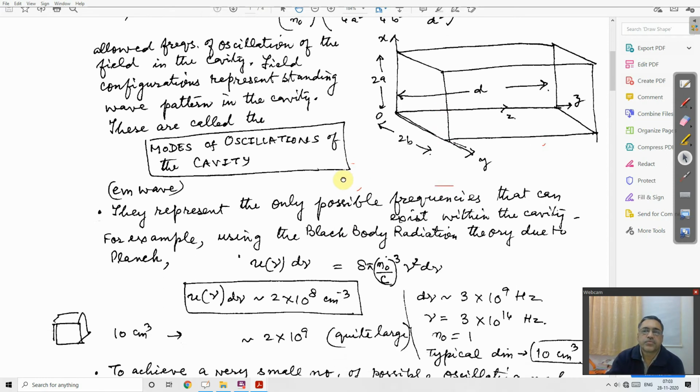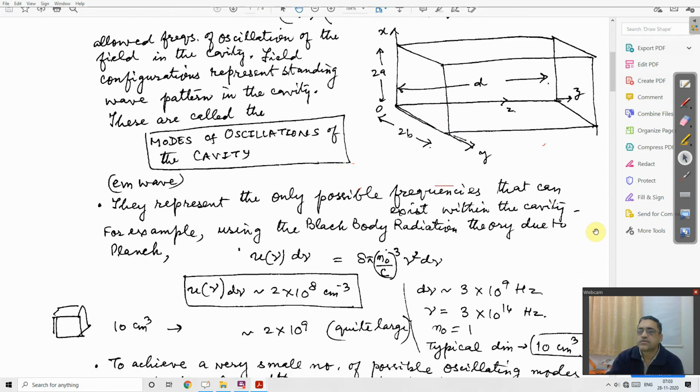There is an electromagnetic wave, that light, it is actually an electromagnetic wave, a part of the wide and vast electromagnetic spectrum. So here they represent only the possible frequencies that can exist within the cavity.